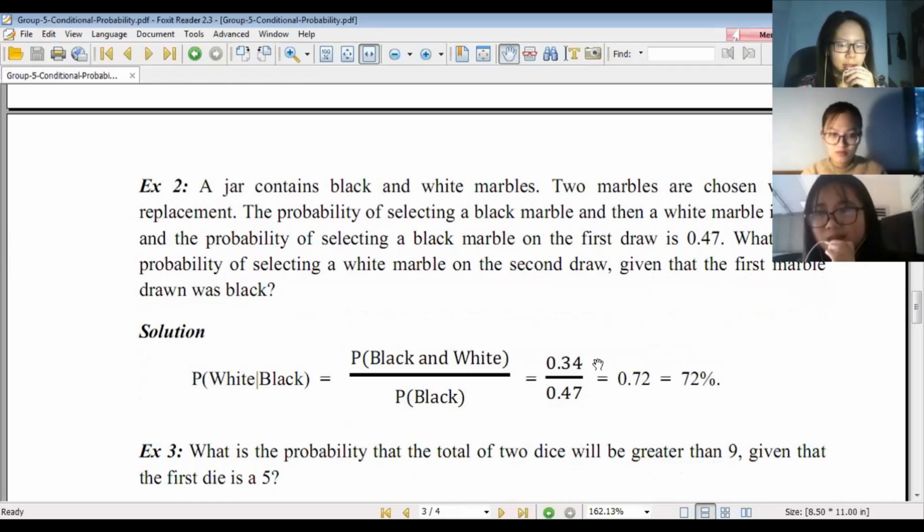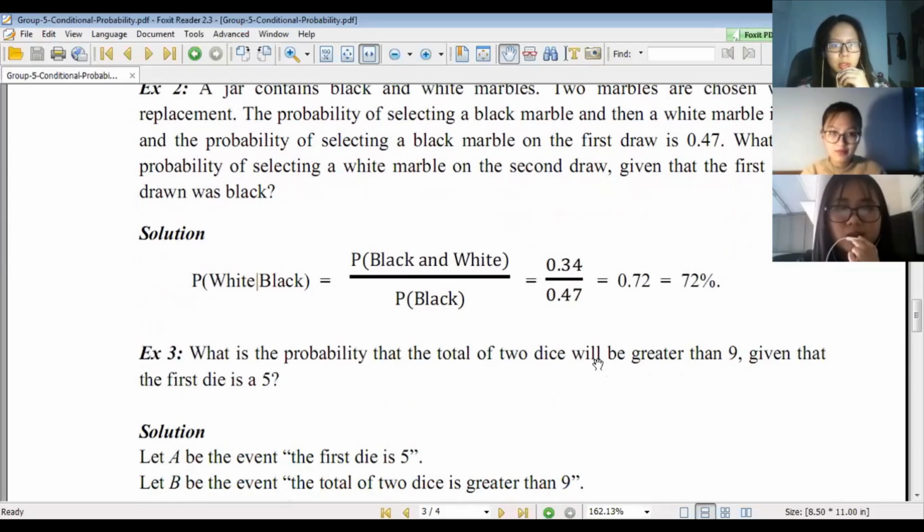It's a more difficult exercise, so I will give you some ideas. First, let A be the event that the first die is 5, and B be the event that the total of 2 dice is greater than 9.